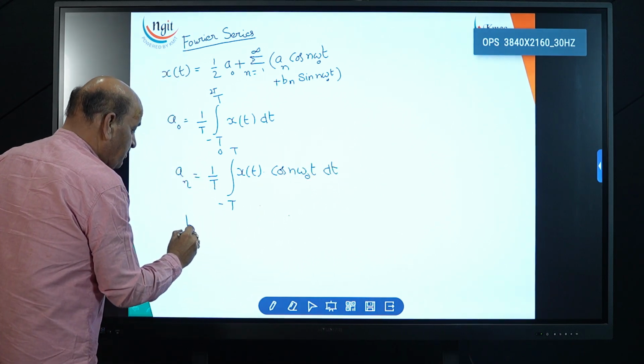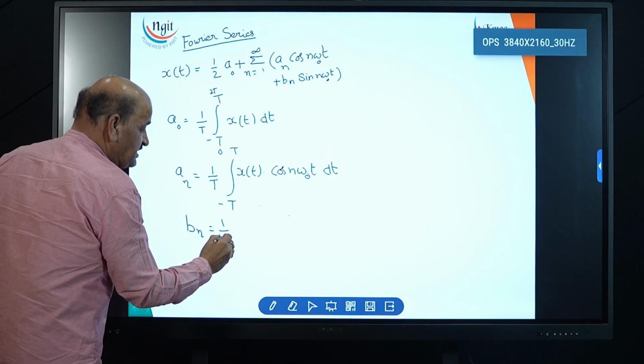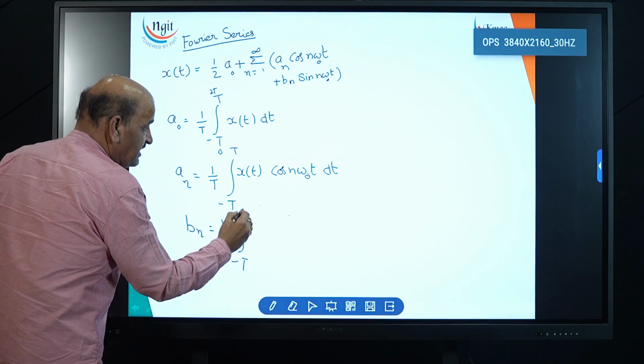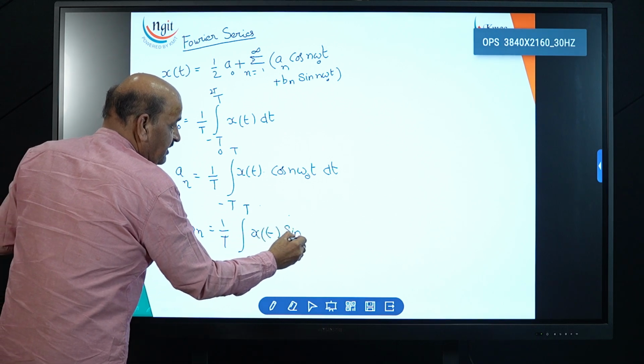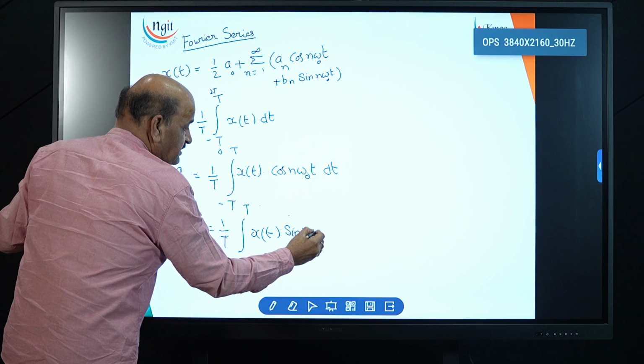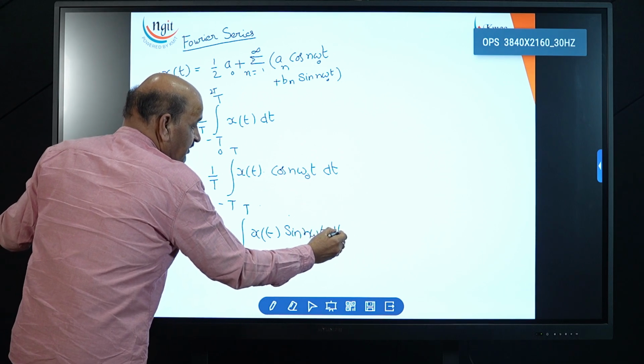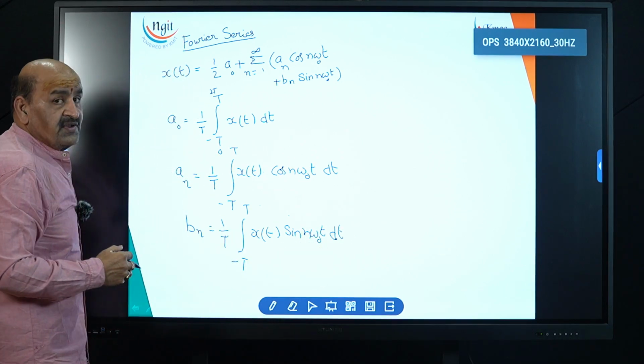And again bn is equal to 1 by T integral minus T to T x of t into sin n omega naught t dt. Already in one of the previous sessions we discussed this.